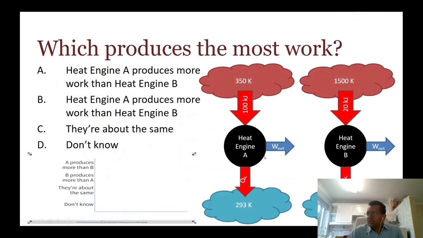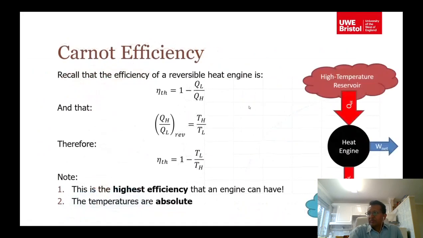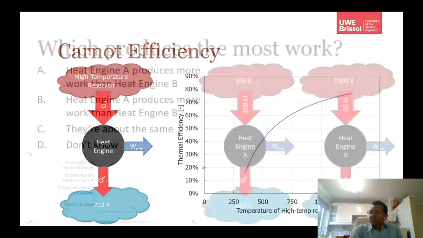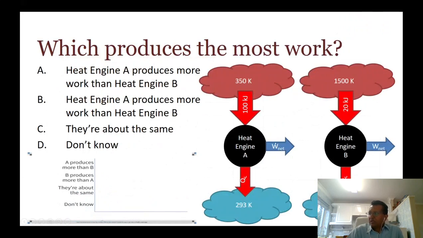So you can calculate the efficiencies for these ones. You can apply the equation from before, which is 1 minus TL over TH. Here the efficiency of this engine should be 1 minus 293 over 350, and this one should be 1 minus 293 divided by 1500.